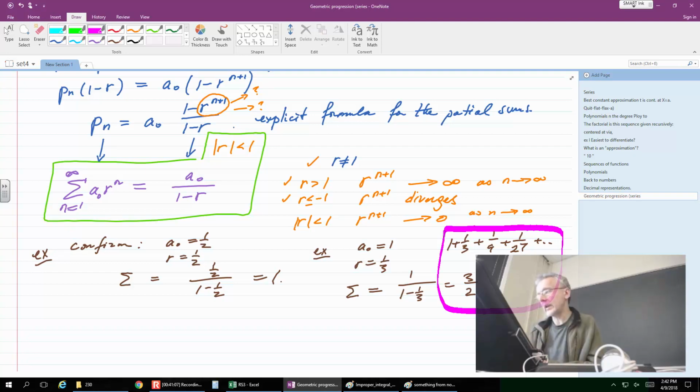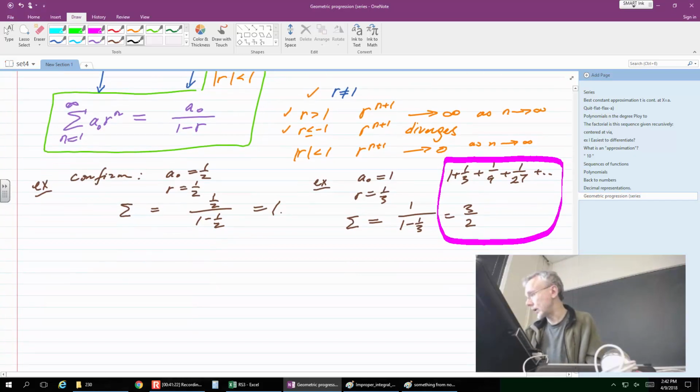So any geometric progression then can be evaluated very, very simply. I do want to state the theorem in its entirety so that we could also have the statement about the divergence as well.